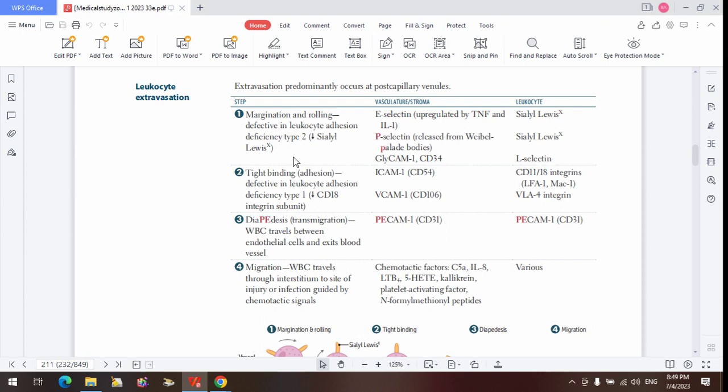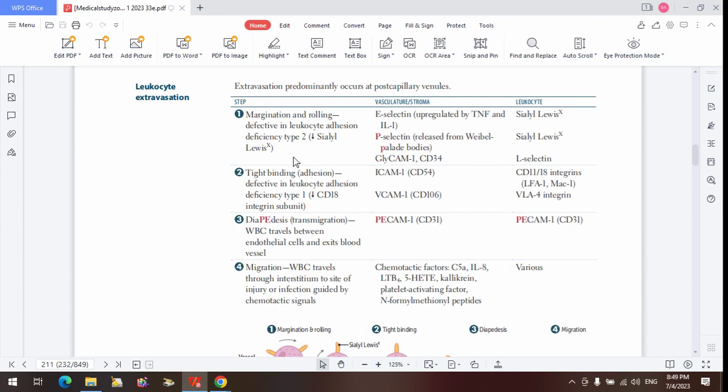Now the next one is ICAM. That's the one that is actually relevant, the one that is clinically significant. So ICAM will interact with the CD11-18 integrin. Now, this CD11-18 integrin codes for two types of integrin, the LFA1 and the MAC1.